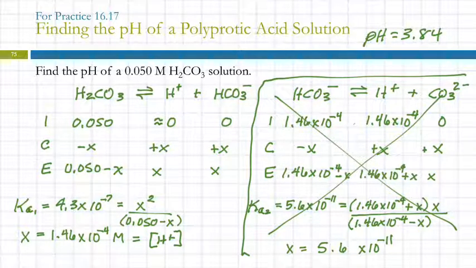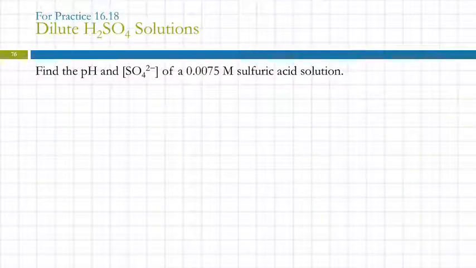When we look at these Ka values, we've got 10 to the minus 7 and 10 to the minus 11. That's a difference of a factor of 10,000. That's a lot smaller. The one exception is sulfuric acid. You've got to pay attention to the second one.